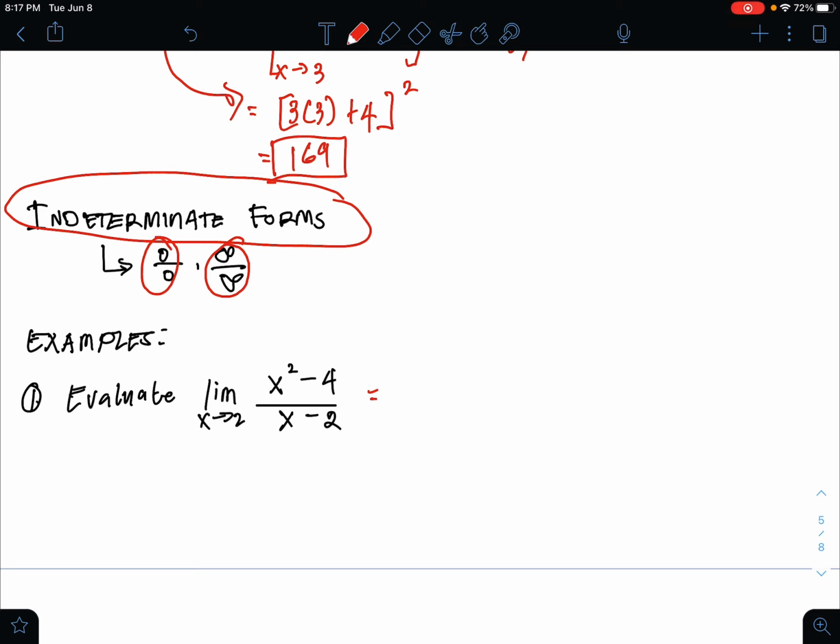By the use of factoring for this one, we can write this as x plus 2 times x minus 2, right? And then this one has x minus 2 below, so we can easily cancel, right? And then that's direct substitution. 2 plus 2 is equivalent to 4. Easy.